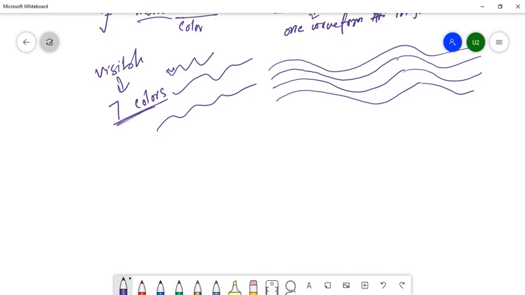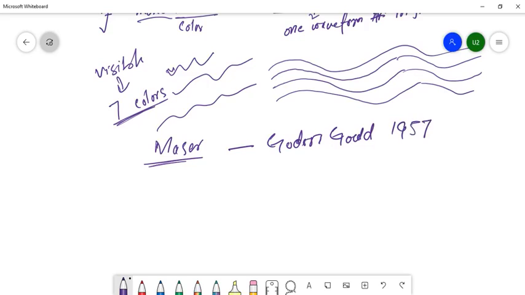One of the former forms of laser was also called maser, right? And later on it was developed by Gordon Gould in 1957.